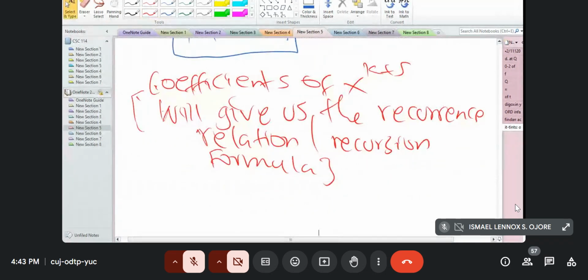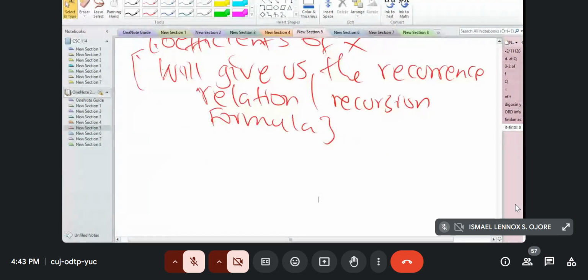So if we extract the coefficients of x to the k plus s, what do we have?